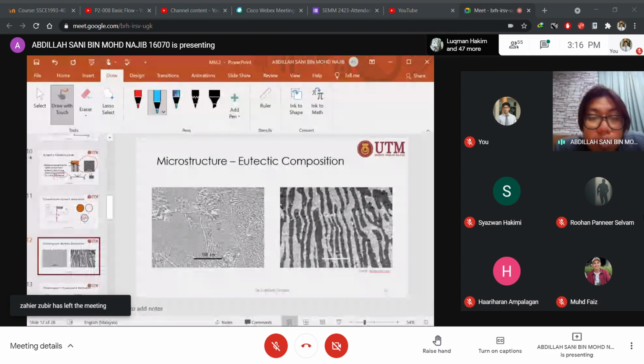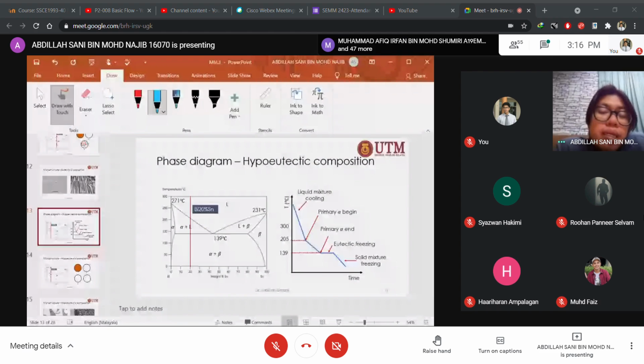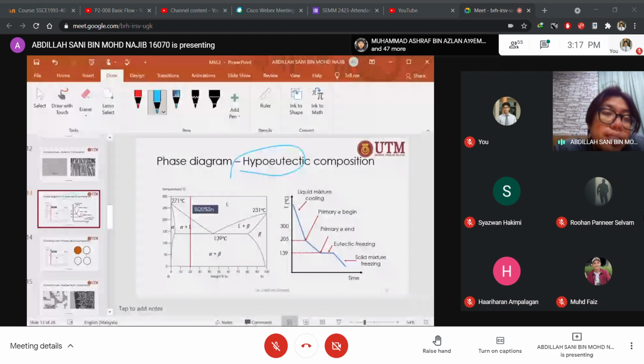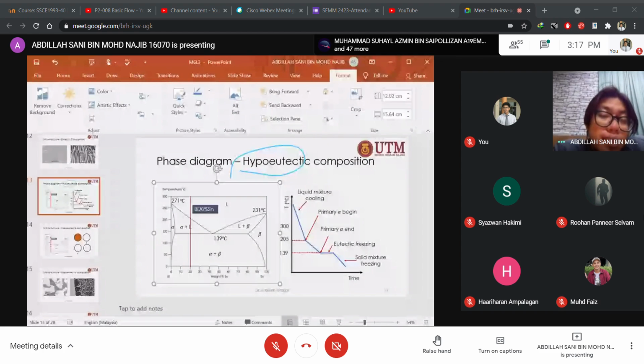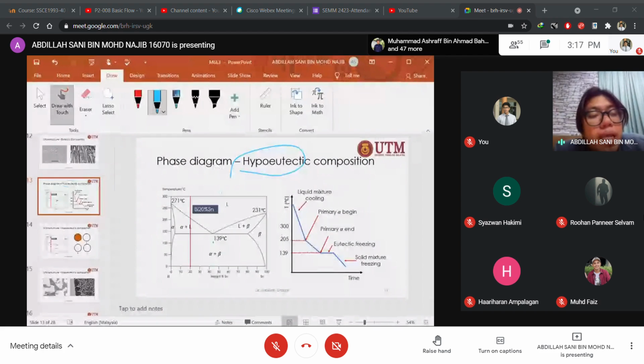Okay, now we come to the word hypo eutectic. What is meant by hypo eutectic? You see, this is the eutectic point at the center. If we have it here, we call it hypo eutectic.